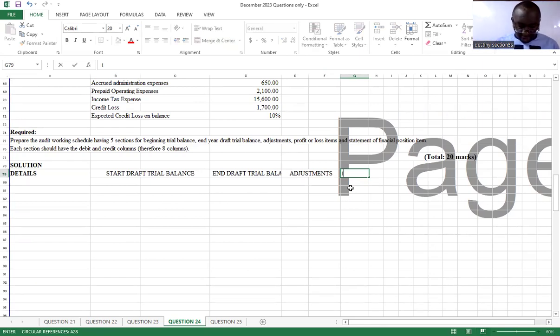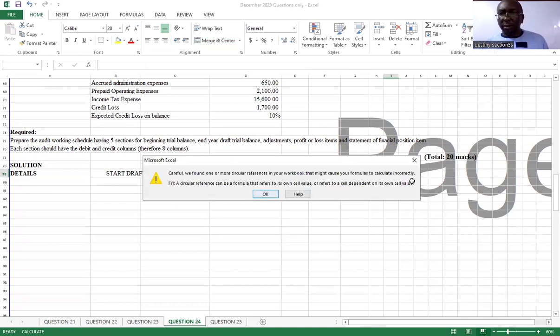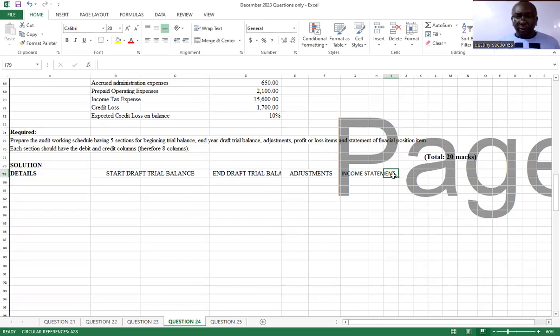So we have income statement. Then I come here, these two of them, merge. So this is a statement of financial position.